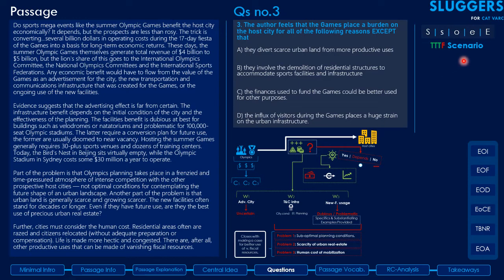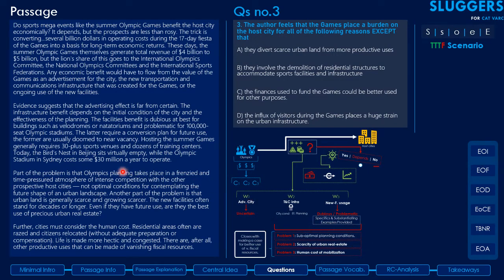All right. So with that out of the way, let's get back into the question now. The author feels that the games place a burden on the host city for all of the following reasons, except. See, games placing a burden on the host city. This relates to the part of the passage where the author has listed out some problems.